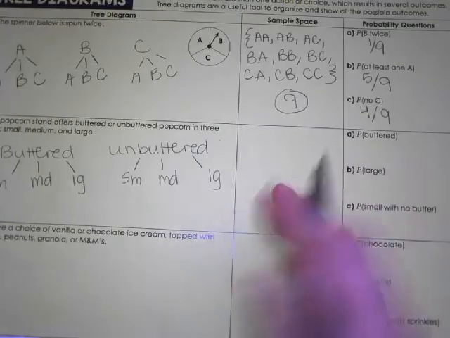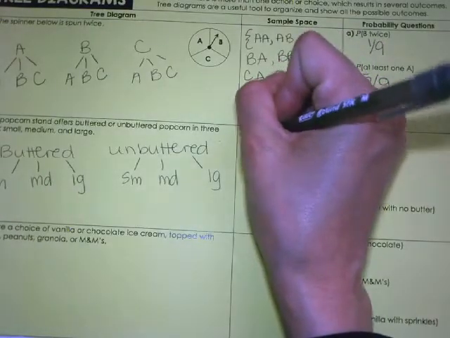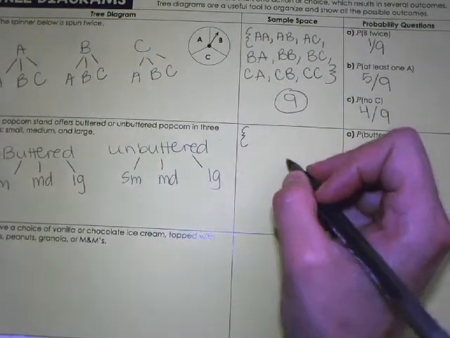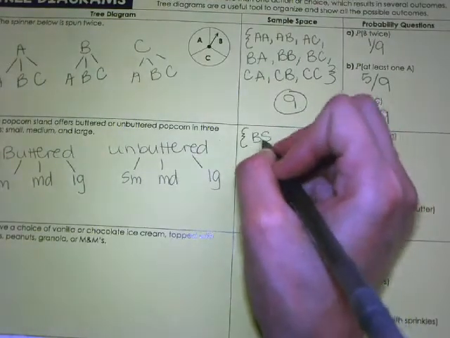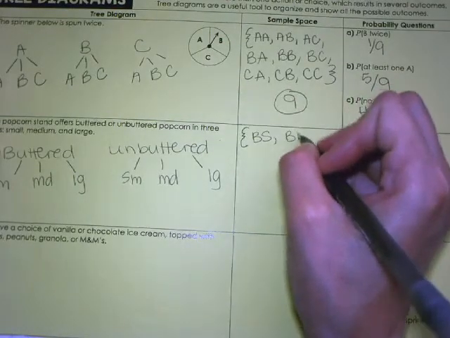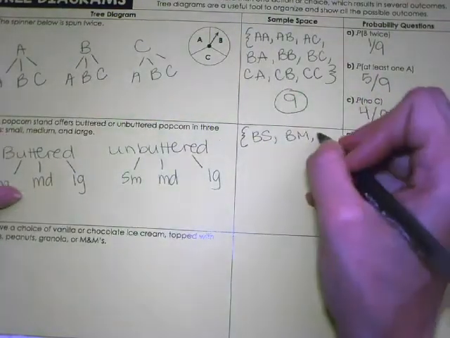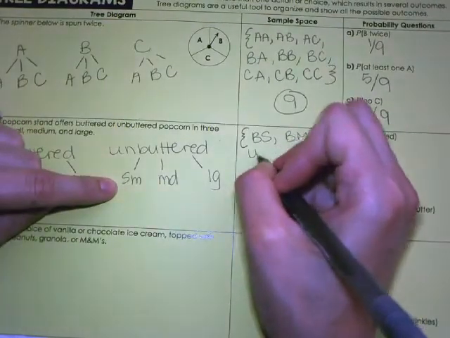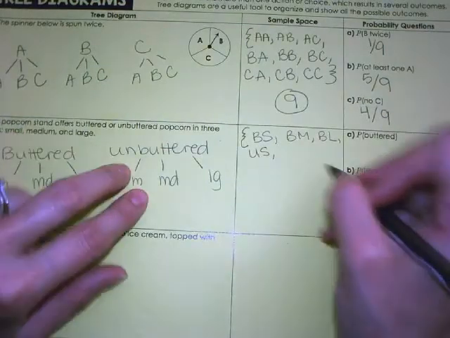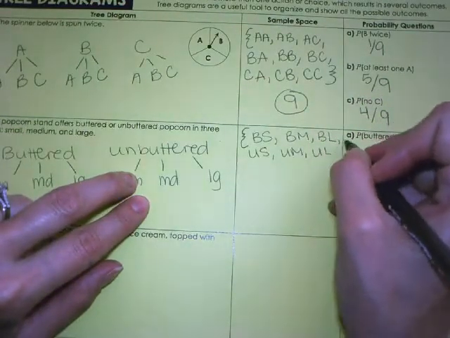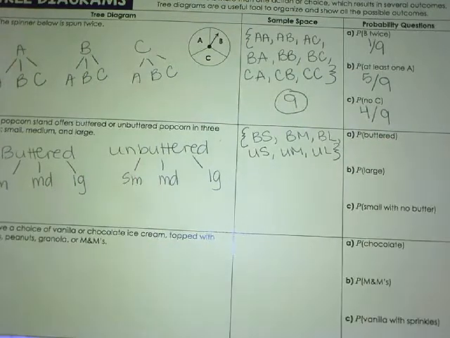So then I'm going to draw my sample space, which is that funky looking bracket, and then I'm going to abbreviate it. I can get buttered with a small, buttered with a medium, and buttered with a large. I can then get unbuttered with a small, unbuttered with a medium, and unbuttered with a large, and then I will close my bracket.